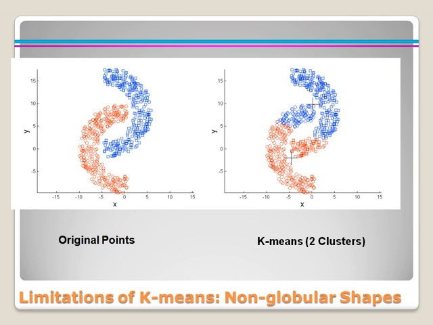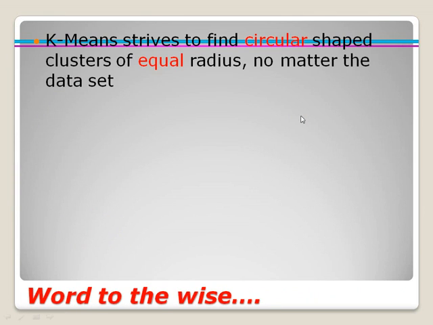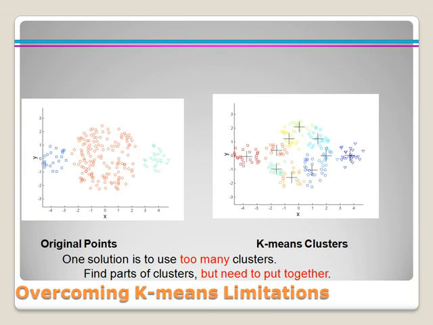If we know that we have 2 clusters, this is how k-means does it. This is one cluster and this is the second cluster, and you can see the interference between the data, and this is wrong and this is wrong. K-means strives to find circular clusters of equal radius, no matter what the data set is. So this is a big problem.